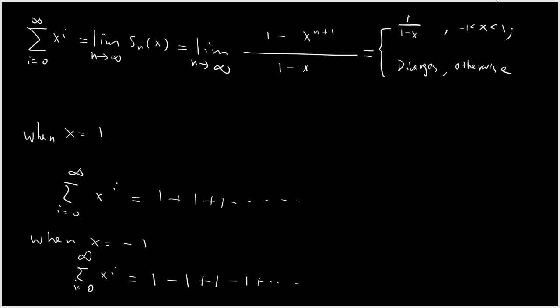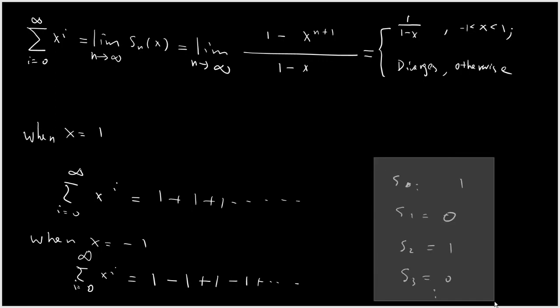So the partial sum sequence Sn is going to be, let's say S0 is equal to 1, S1 is equal to 0, right? And then S2 is equal to 1, and then S3 is equal to 0. So basically it's divergent. The partial sum sequence is going to be alternating between 1 0 1 0 1 0 1 0. Right? It's divergent.